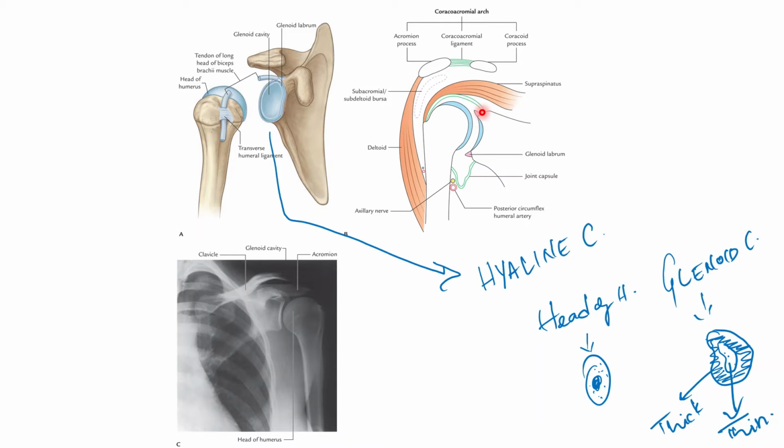As we can see in this section, the pink represents the glenoid labrum over here. The presence of the glenoid labrum appears to increase the depth of the glenoid cavity. So this is about the type and the articular surfaces of the joint.